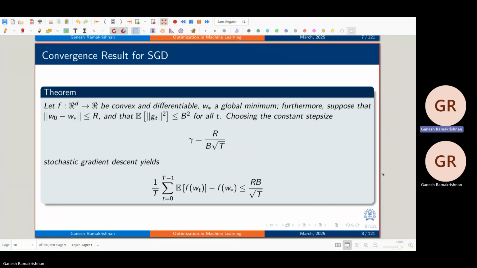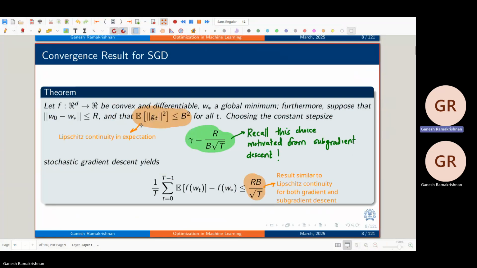Earlier we were talking about Lipschitz continuity; now it's an expected Lipschitz continuity. And if you remember, we had similar step choices: gamma is r upon b square root t, etc. All this holds. This was motivated from subgradient descent also, but specifically in gradient descent, we found a similar expression, r b upon square root t.